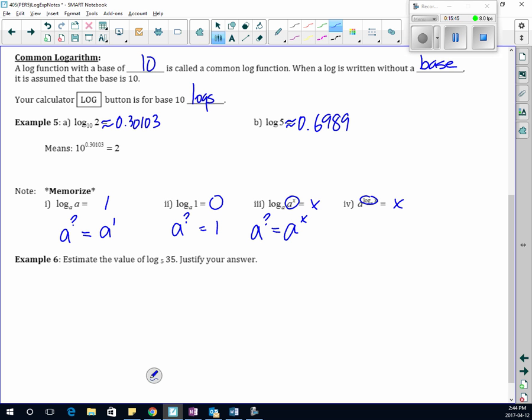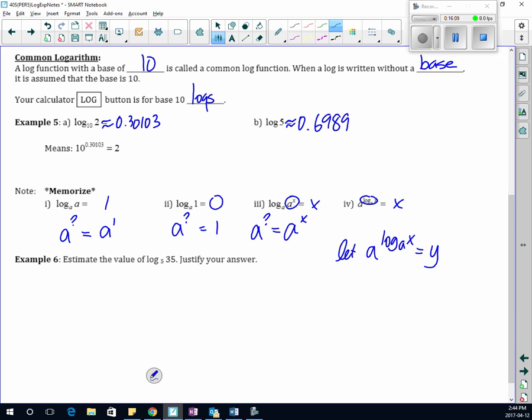So let's change it into... I'm going to rewrite this and let a to the power log of x base a equal y. I'm just going to let it equal y so I can show you why it's x. So I'm going to change this into logarithmic form. So remember how we do that?